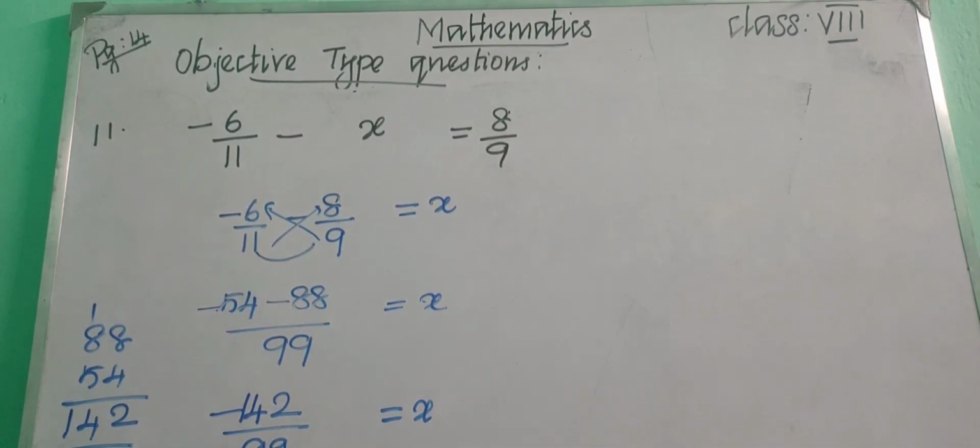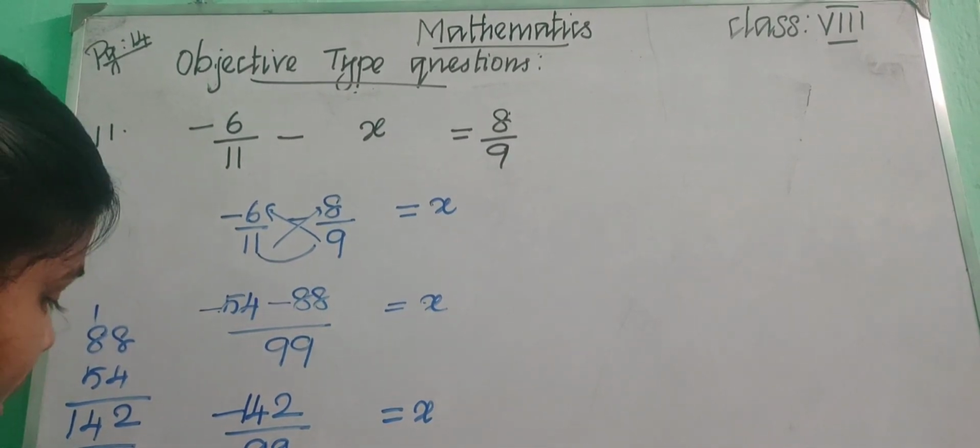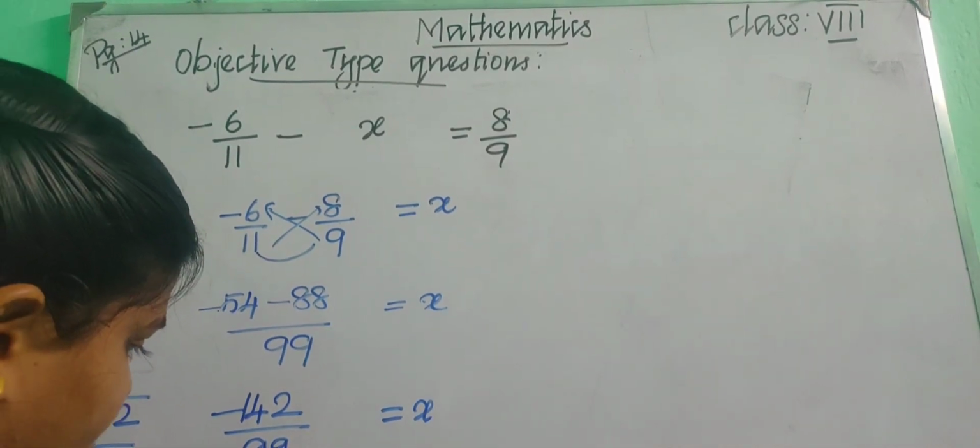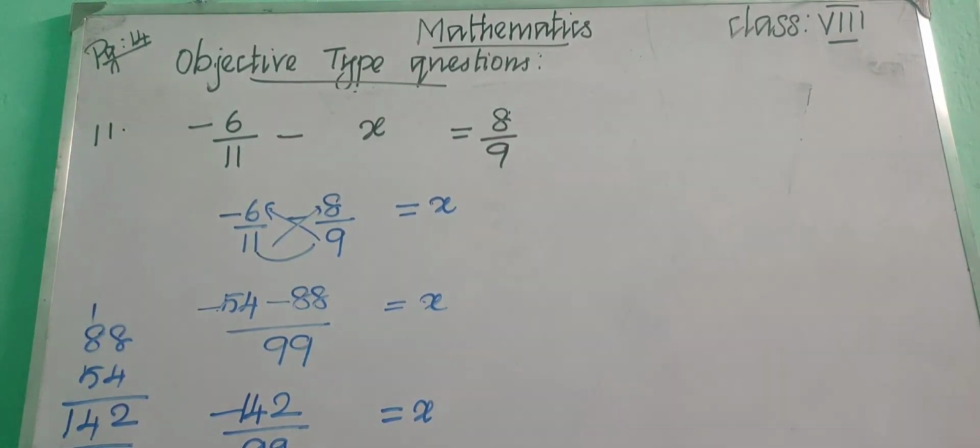Okay children, so you should write the question number 11 in your notebook, and after that write this explanation, okay. Write the answer like this, and at the last you need to write the answer as option B, minus 142 upon 99. After this you can draw a line by using scale and pencil, okay children.